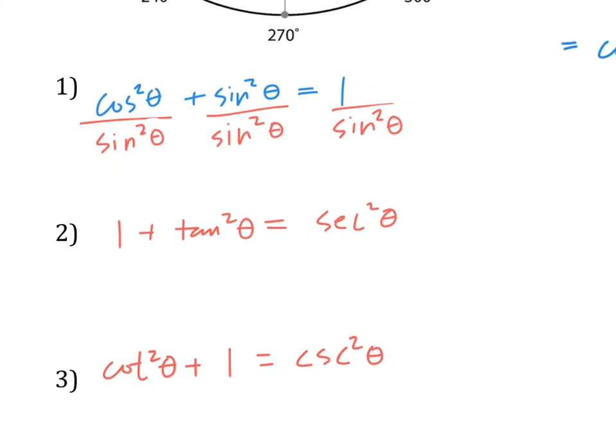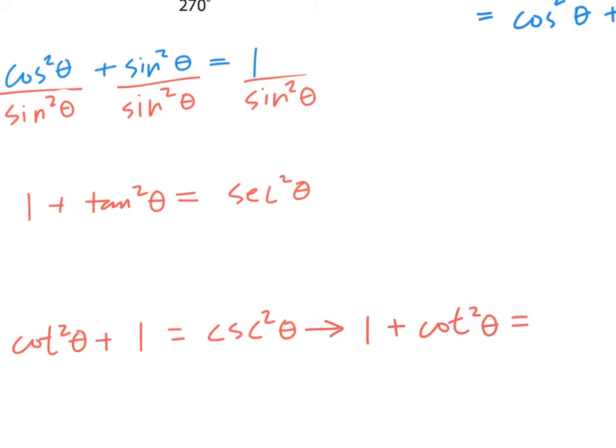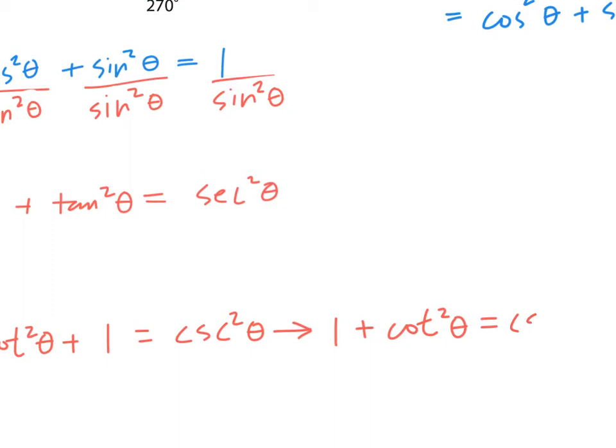Now, I don't like to memorize it in this form because I just want to see a pattern. One thing about math, if you want to do well in math, is to find a pattern. Once you find a pattern, memorize the pattern. Some things have no pattern, so you make a pattern or you make a story. That way you can help yourself memorize it. I can see that the second one is 1, tangent, secant. So I want to change this one to 1, cotangent, cosecant.